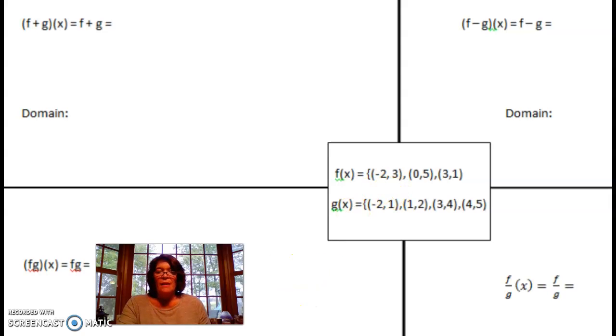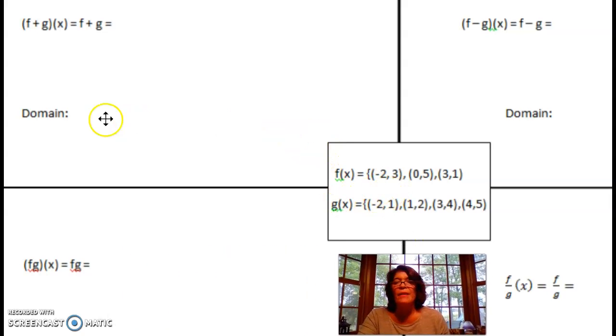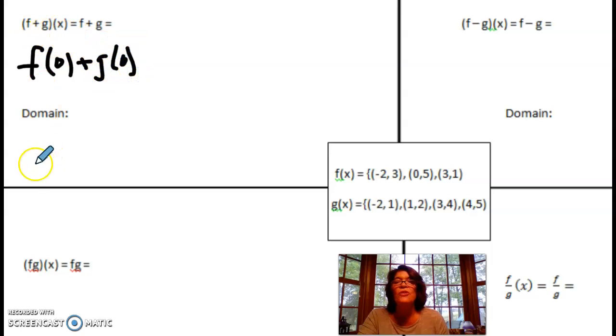Okay. All right, now, like I said, the domain is the intersection. Let's think about what happens here, okay? When I want to add f of x plus g of x, what if I wanted f plus g of 0?